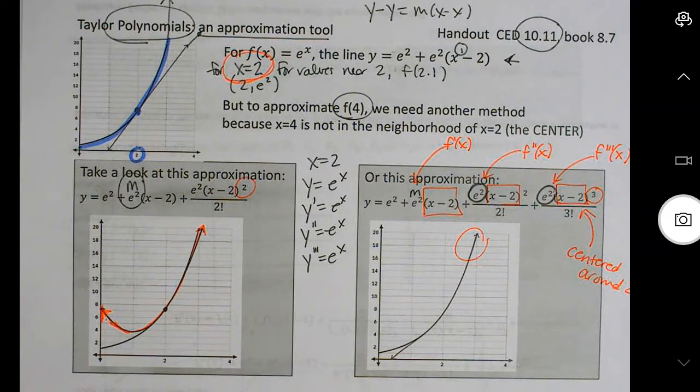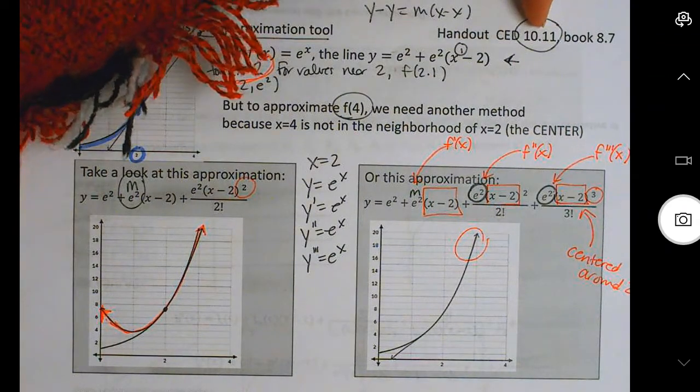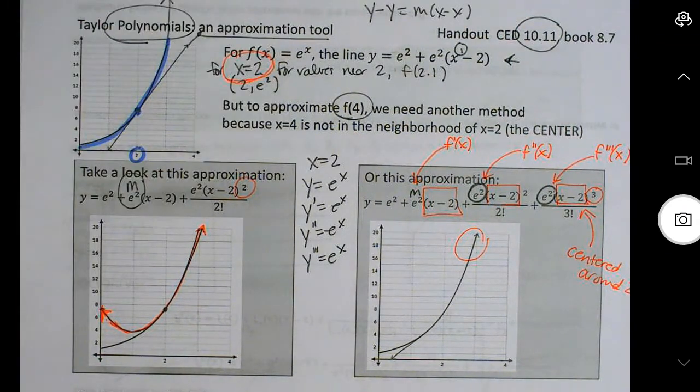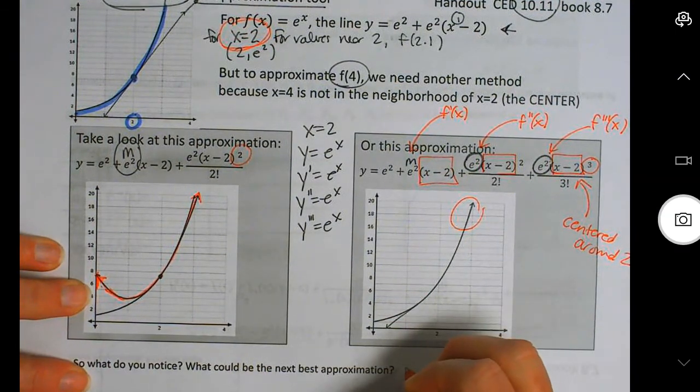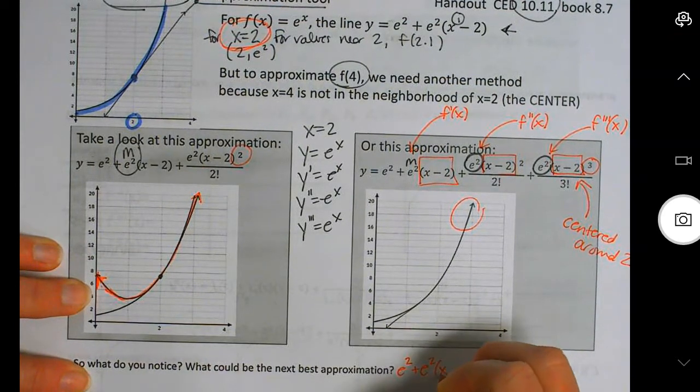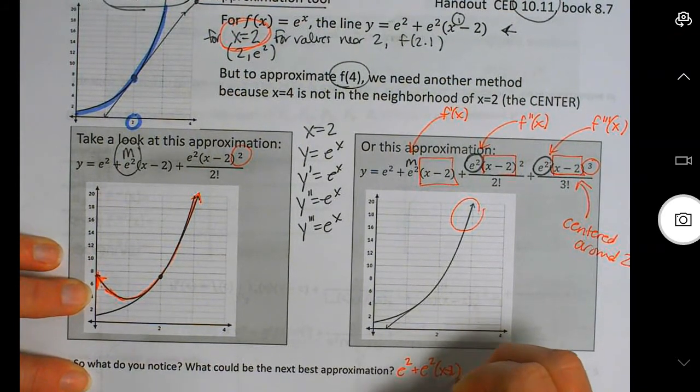As I mentioned in the second video of 10.11 on AP Classroom, they go through the proof of it. But I'm going to take you on a shorter ride. So we've already figured this out. We would have the same as up top, e squared plus e squared x minus 2.